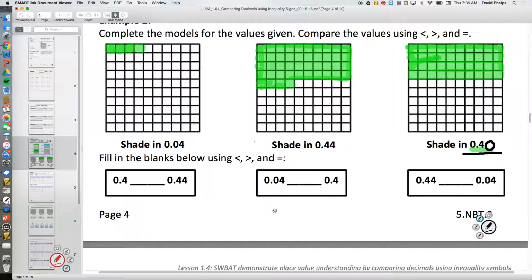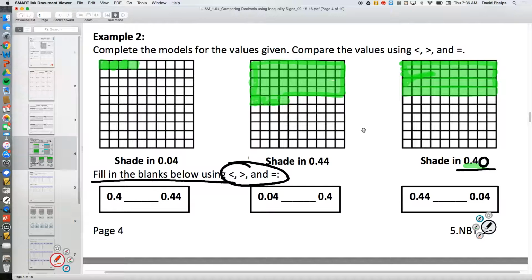Now the question says, fill in the blanks below using less than, greater than, and equal to. Annotate that question. And look at our first comparison. This one is 0 and 4/10 versus 0 and 44/100. Well, let's look at our model. Here is the 4/10 on the very right, and 0 and 44/100 is in the middle.